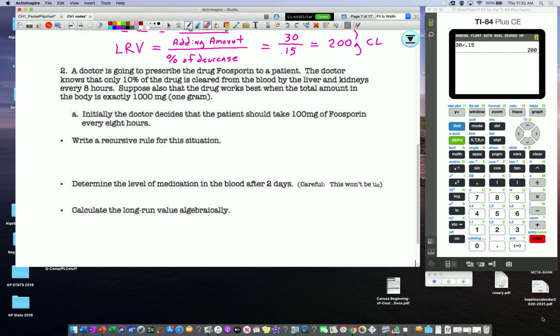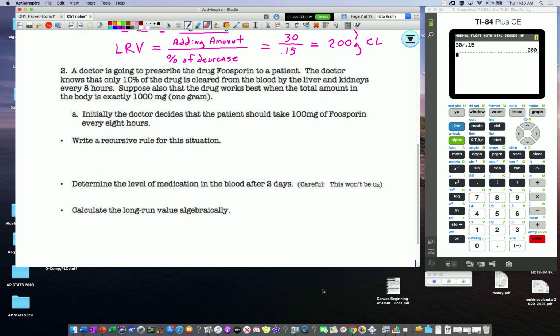And one of the things they told me with the medication is I had to take them, even when I felt better, until they were gone. There's a reason for it. And the reason for it, again, is this whole concept of this long-run value. They're trying to get a certain amount of antibiotic in my body at a certain level.